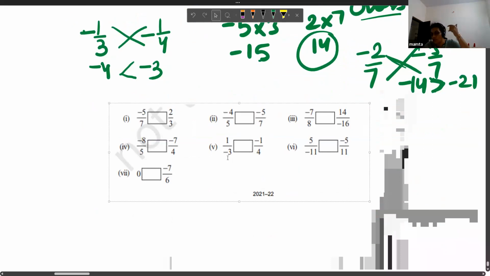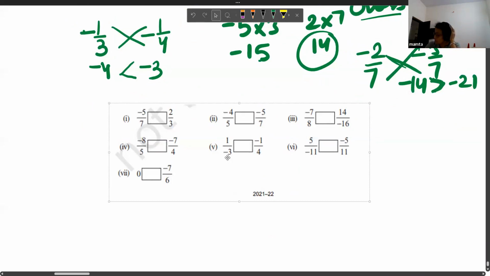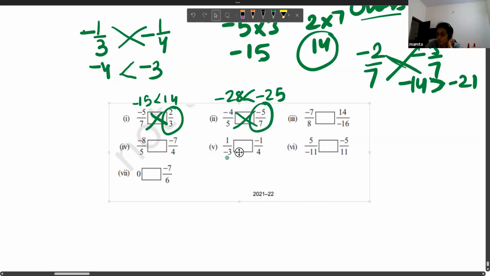So in cross multiplication, you don't have to multiply the sign. Sign you have to keep at that place only. Okay. So minus 14 into 15, minus 15 into 14. Which number is greater? 14 is greater. So this number will be greater. So among these two numbers, minus 28, minus 25, which number would be greater? Minus 25. So minus 5 by 7 is greater.